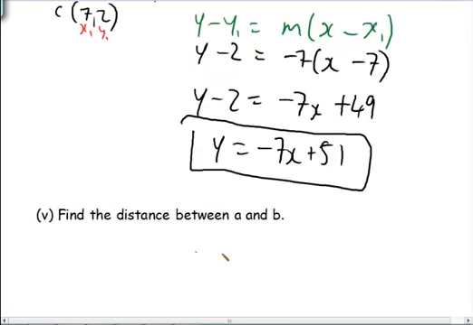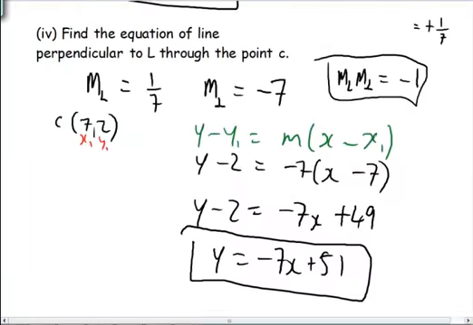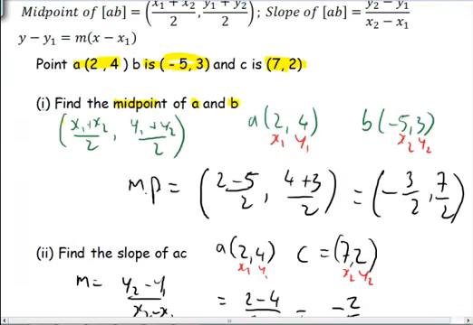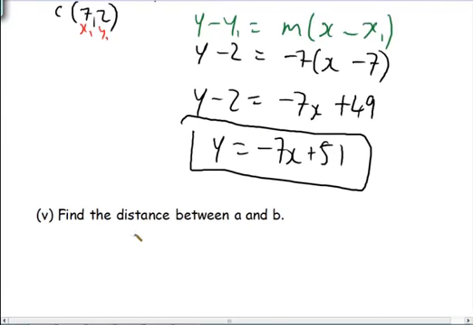And then finally, the distance formula. So again, write out the points, A and B. We know A and B is 2, 4 and minus 5, 3. So 2, 4, minus 5, 3. Again, x1, y1, x2, y2.